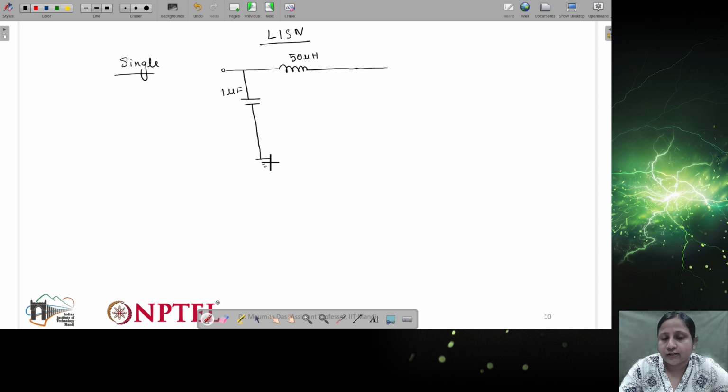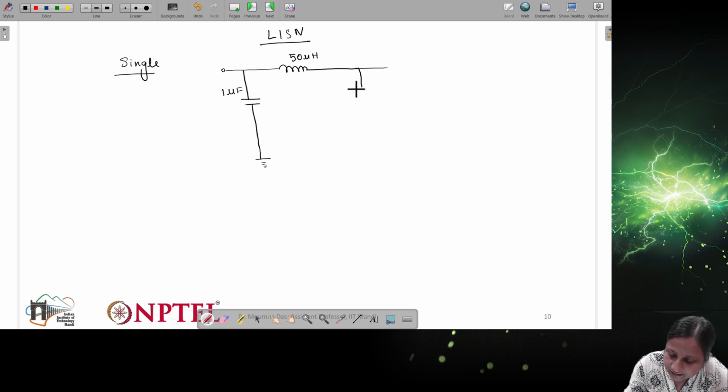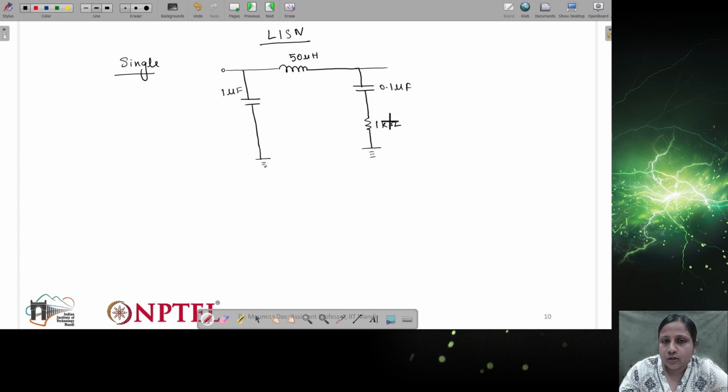Actual ground, not the circuit ground. So it can be connected to ground like this. Now here another capacitance will be there, generally 0.1 microfarad, connected to a very high value of resistance, 1 kilo ohm. If I connect a resistance in series with 1 microfarad, it will be around 1-2 ohm, but with 0.1 microfarad it will be 1 kilo ohm.